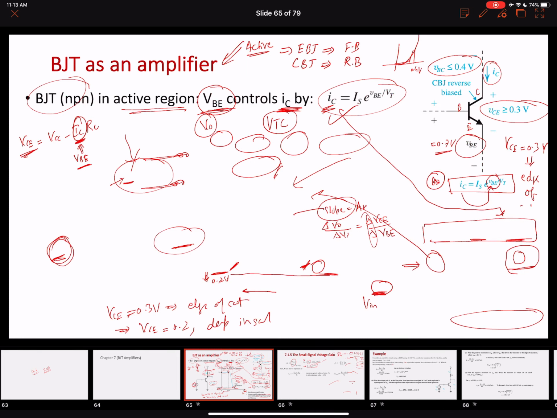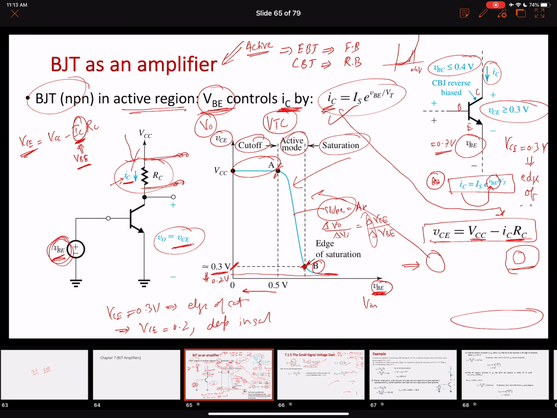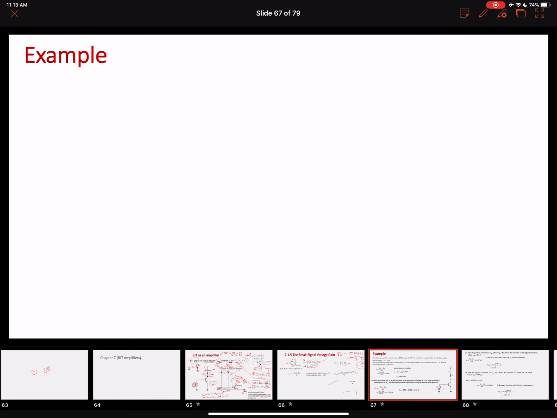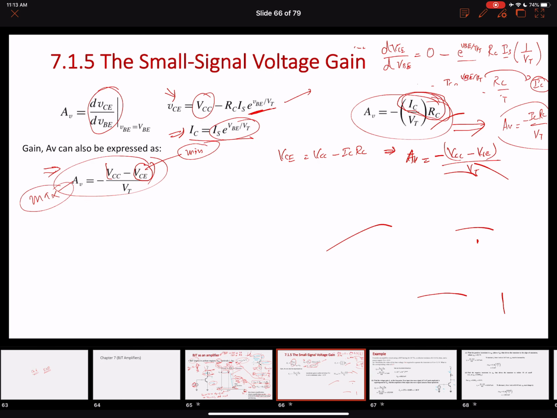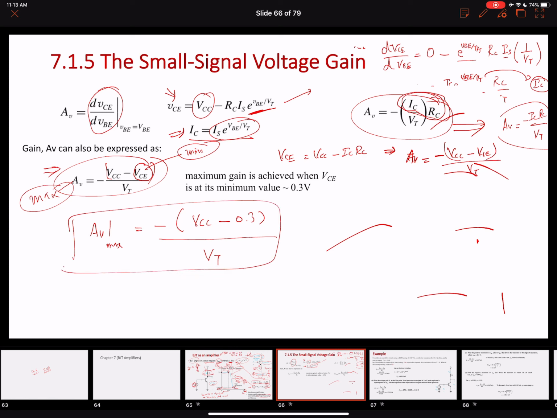The minimum value is 0.3 volts, at the edge of saturation. So we can use this condition to find the maximum voltage gain, which will be equal to minus VCC minus 0.3 volts divided by VT.